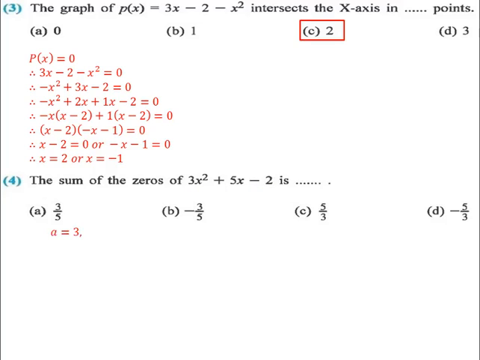The sum of the zeros is equal to minus b upon a, which is equal to minus 5 by 3. The answer is minus 5 by 3.